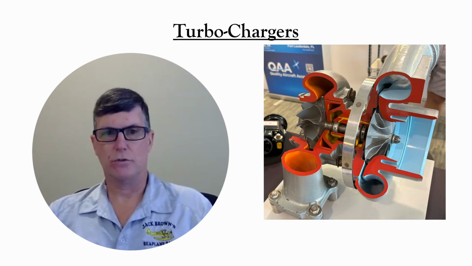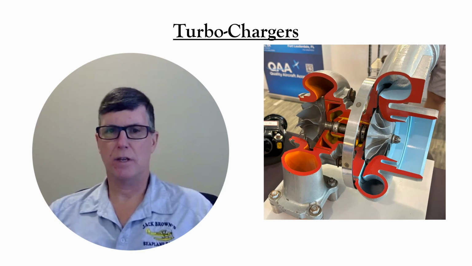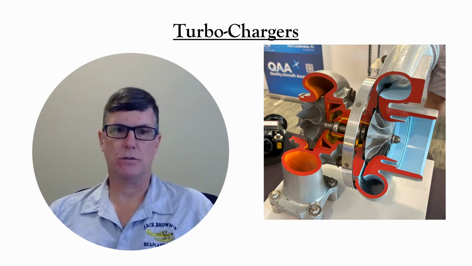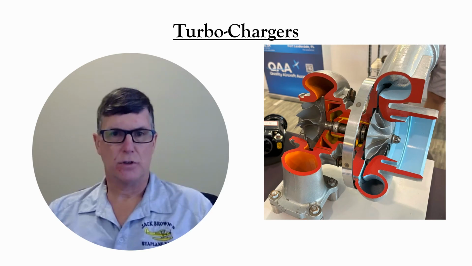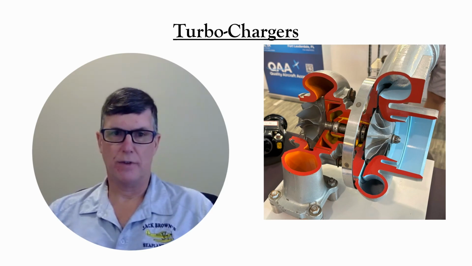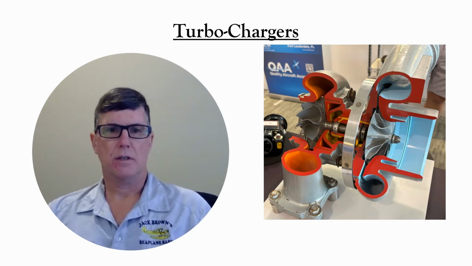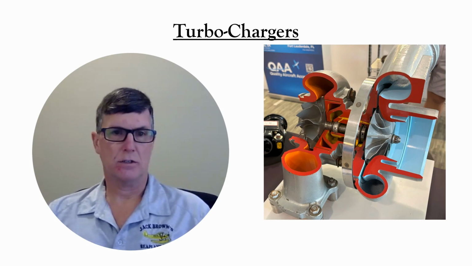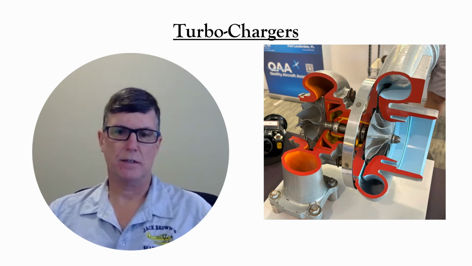Others, which we refer to as turbo-normalized, just prevent that degradation that would normally happen with altitude. A wastegate diverts exhaust around the turbine to prevent it from doing more boosting than desired. In some aircraft, the pilot has to control the wastegate. In other airplanes, the wastegate is automatic.